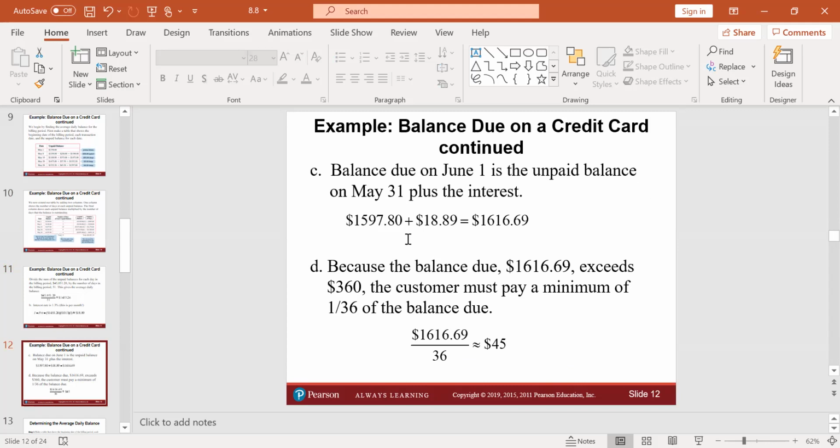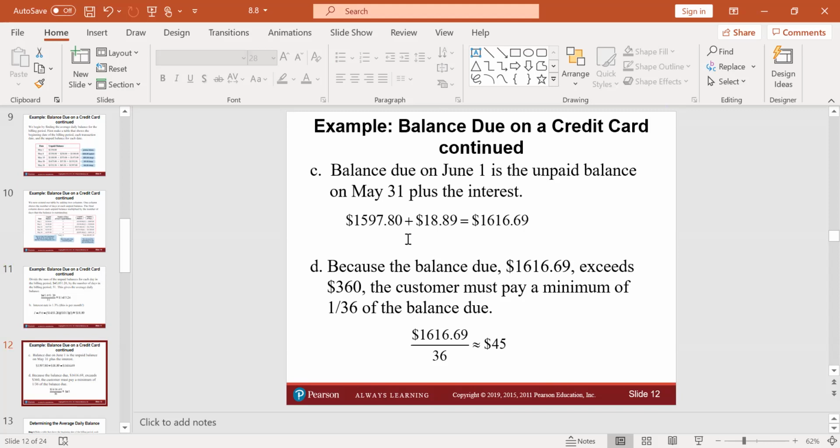What some credit cards do is they say if you owe more than $360 on the card, you must pay at least 1/36 of the balance due. So we owe $1,616.69. We must make a minimum payment of $45 as a result if we do that division. So credit cards will charge you a minimum payment, but all they're saying is you just got to give us $45.